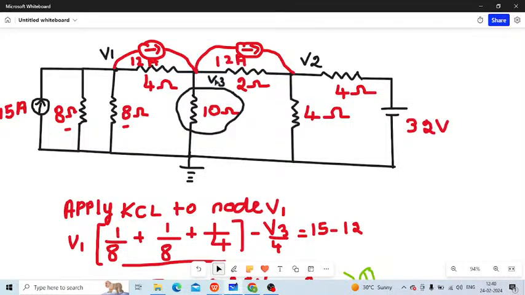This V3 minus this V1 divided by 4, and this V3 minus this V2 divided by 2, and this V3 by 10, which is equal to 0, because this 12 and 12 will get subtracted, it will become equal to 0, right?